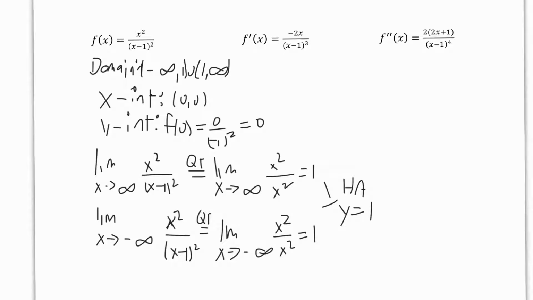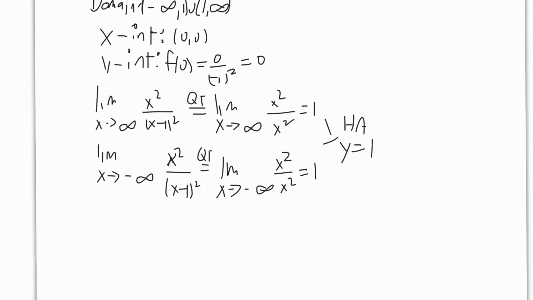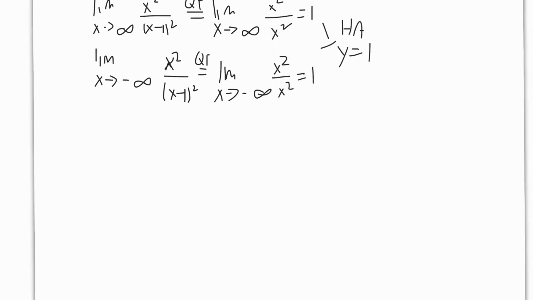Next up, we're going to look for that vertical asymptote, and the domain here tells us that we are likely to have a vertical asymptote at x equals 1. We're going to, of course, need the sign diagram, but we can start it off down here.